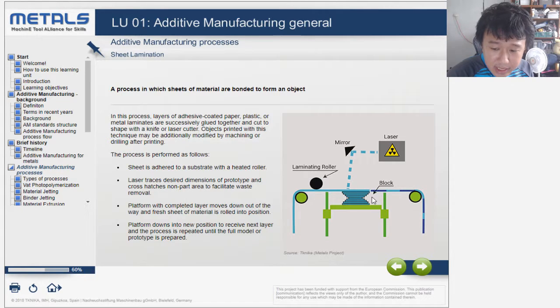Yeah, so basically I feel that's a very waste generating kind of process, because you are basically just layering a sheet of material, and then you're using the laser to cut a cross section of it, and then you paste it on the previous layer, and then you have to spread over a new layer again, and you do the same thing.